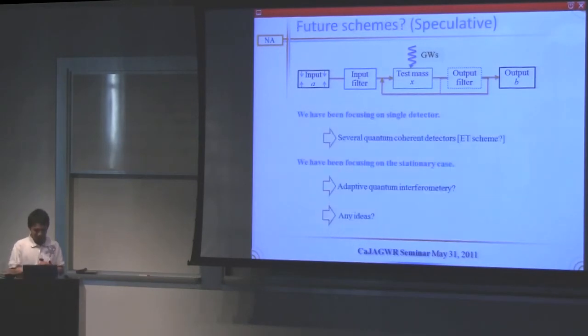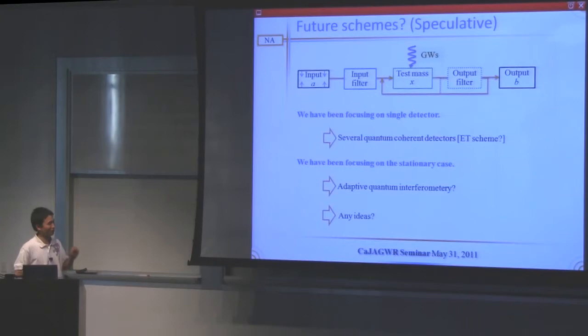Okay, so I added another new slide here, which doesn't have a number because it's kind of speculative. We have always been focusing on a single detector. But what happens if you have several coherent detectors, like the ET scheme? You have several detectors operating coherently, and with this you can actually cancel some kind of quantum noise.